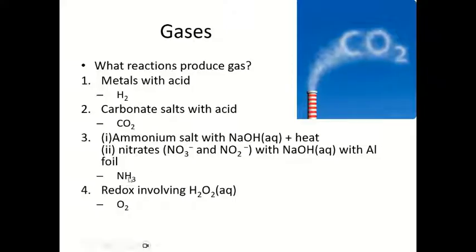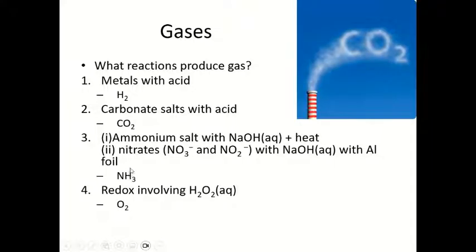That means ammonia will be produced. Second one, if the question asks you to add sodium hydroxide and aluminium foil is involved, they ask you to add aluminium foil after that or together and heat, ammonia will be produced.